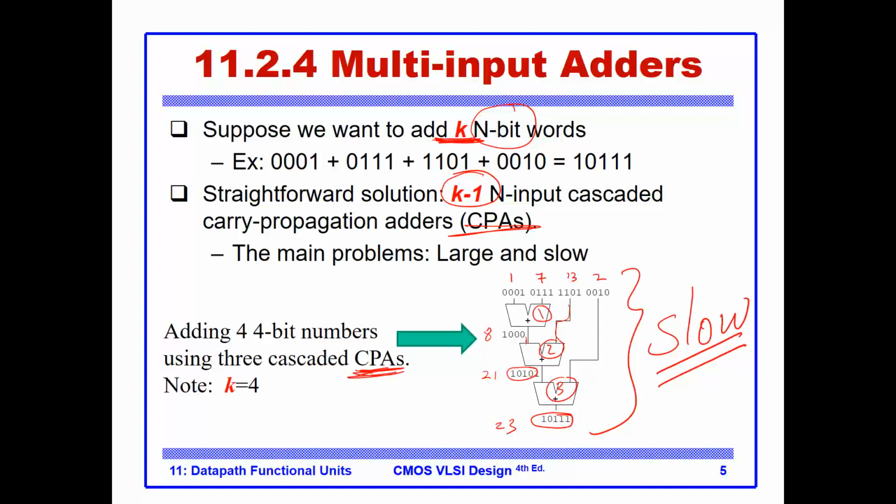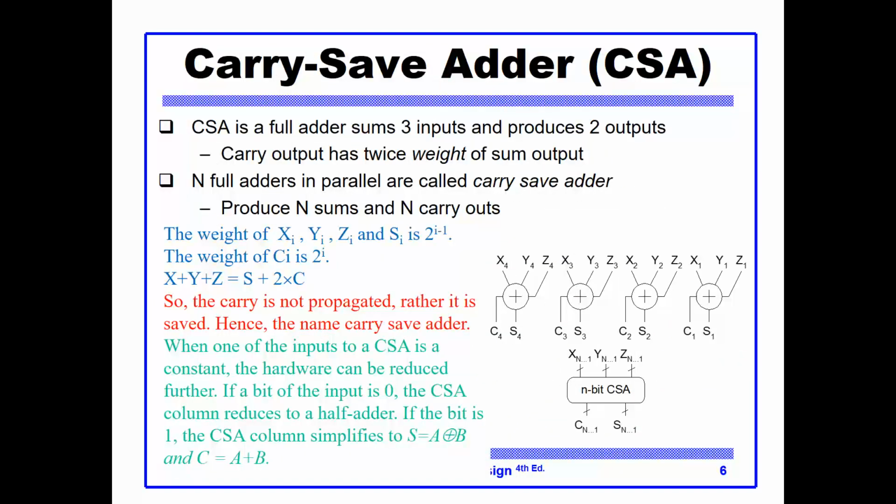These carry propagate adders are slow, and we have seen in the last chapter how we have invested significantly in different methods like look ahead adders and tree adders, just to try to minimize the delay of these adders. So we would like to look for other methods.